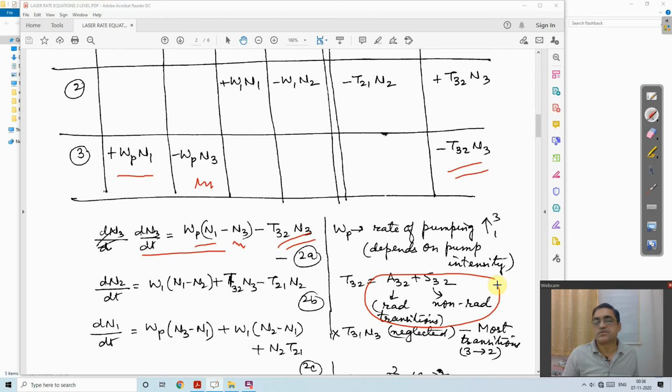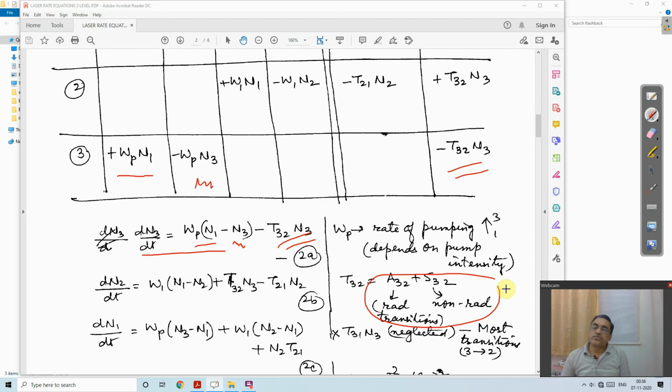As we discussed during the two-level laser, non-radiative transition is due to vibration, rotation and so on, that increases the thermal energy and is not transmitted in useful radiation, and it increases the heat.